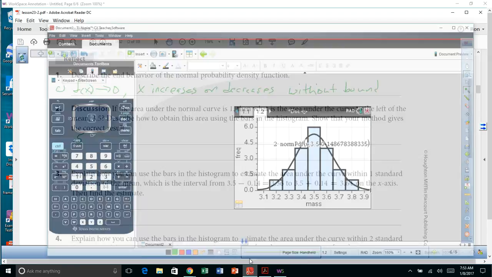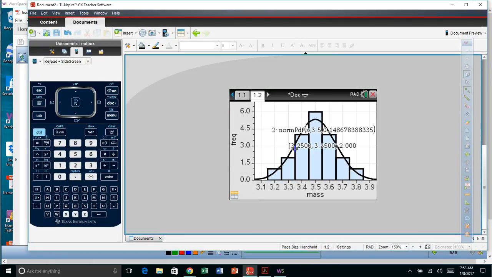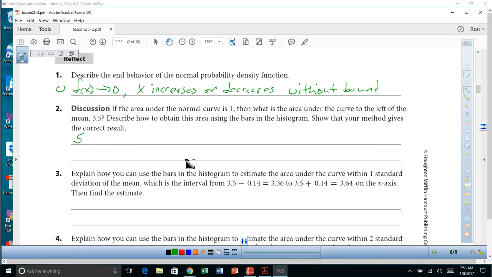Okay, let's go back and look. See, you got that inflection point right here, right? And you got that inflection point right there. So add the areas of the first 3 bars plus half the area of the 4th bar.